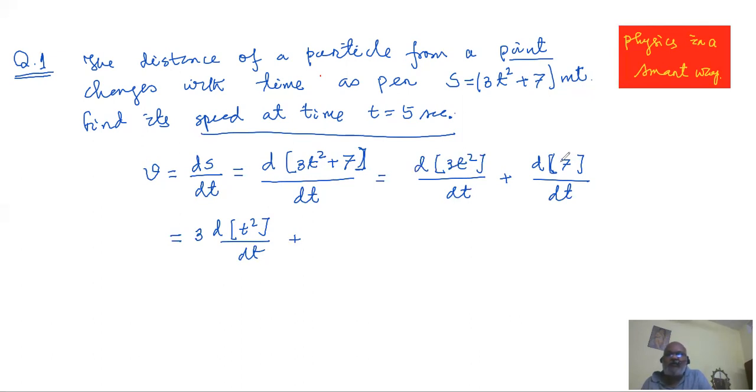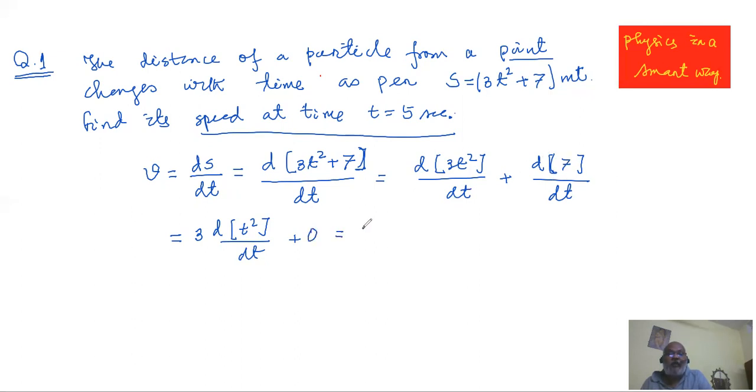Even if you want to make a big change or a small change, you cannot change 7. So derivative of a constant with respect to anything is always 0. So the second part is 0.